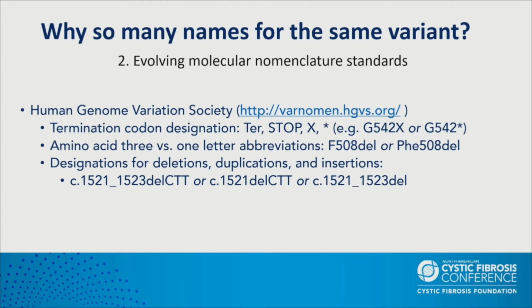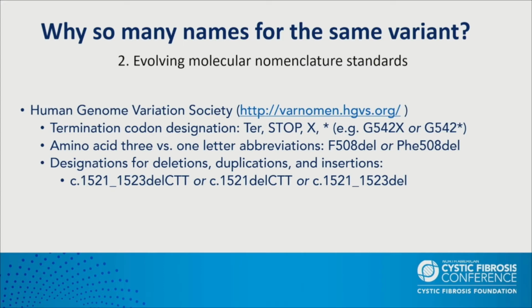So again, these are all different ways to describe a deletion of 3 nucleotides at position 1521, 1522, and 1523. So the last one is the one that's consistent, the 1521 through 1523 del is the most accurate way to describe the DNA change that leads to F508del, but the others are still commonly seen as well.